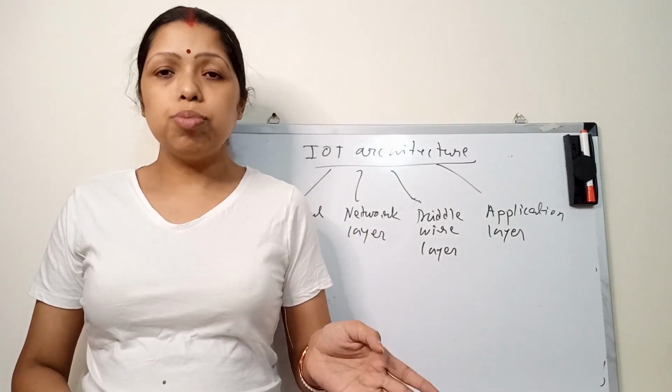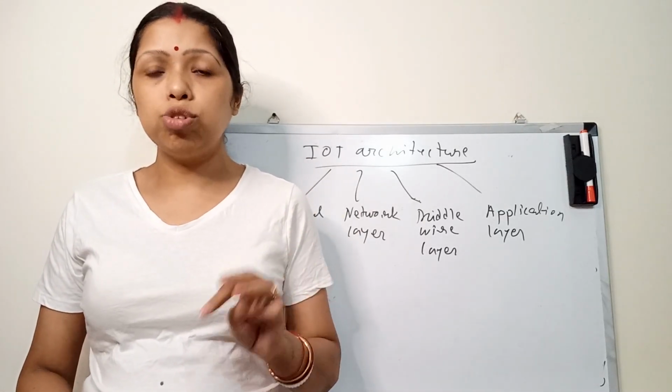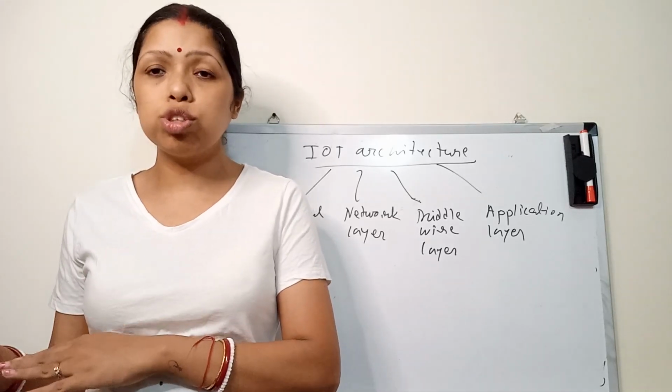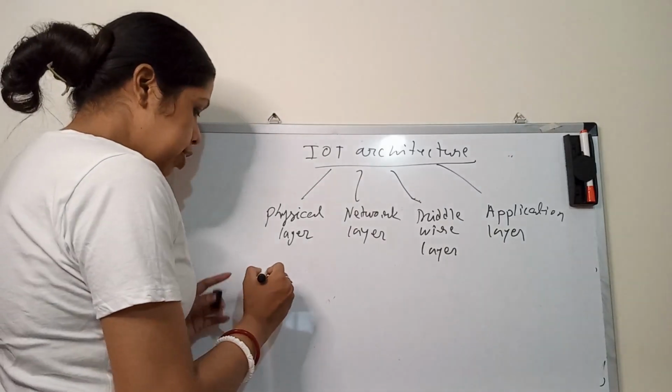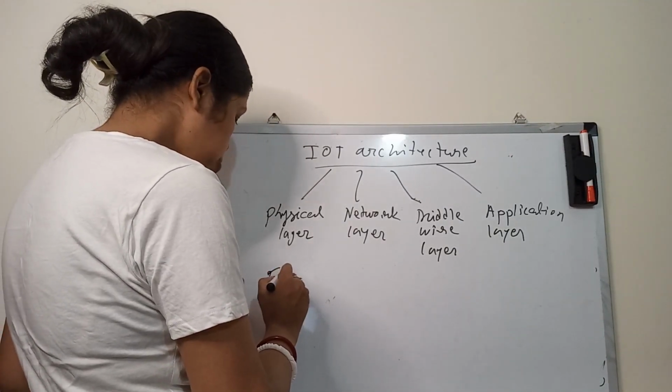Apart from this, there are three layers associated with these four layers, but the functions of these three layers are a little bit different. One is the fog computing layer.